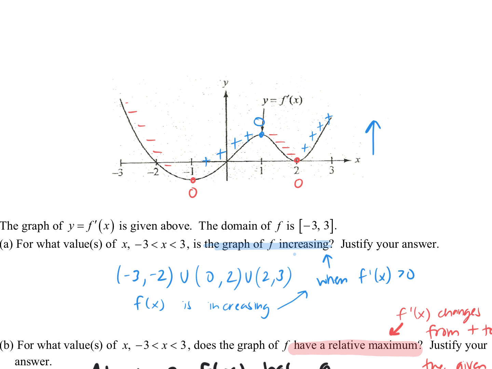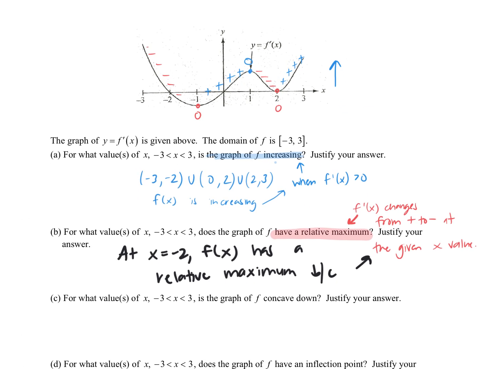Hopefully our slopes look something similar to this. But specifically, if I'm looking at concave down, I care about when my second derivative is less than 0.